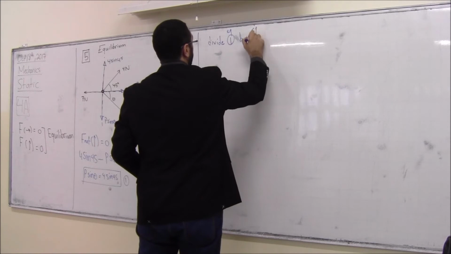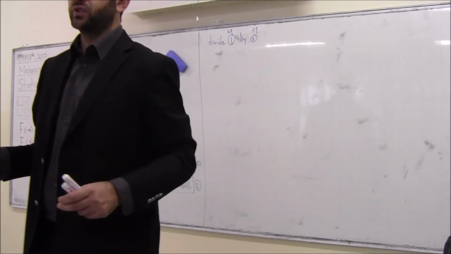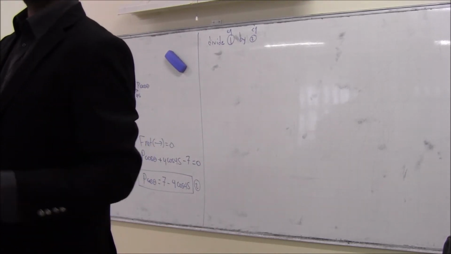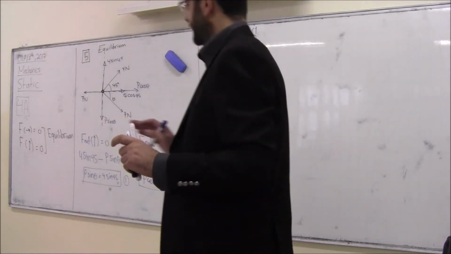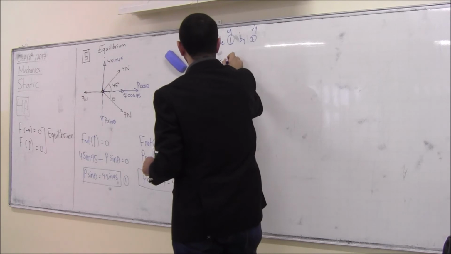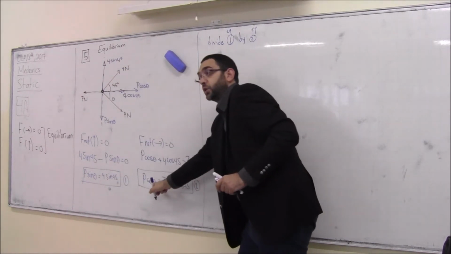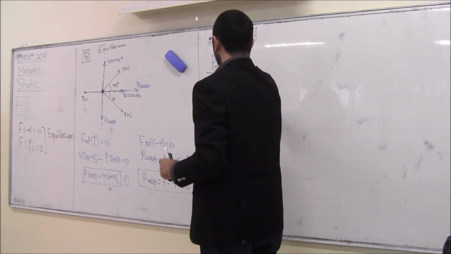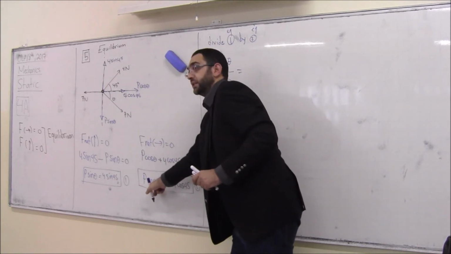When we divide equations, the right side should be divided by the right side and the left side by the left side. So here it becomes P sine theta from equation 1 divided by P cosine theta, left side over left side.